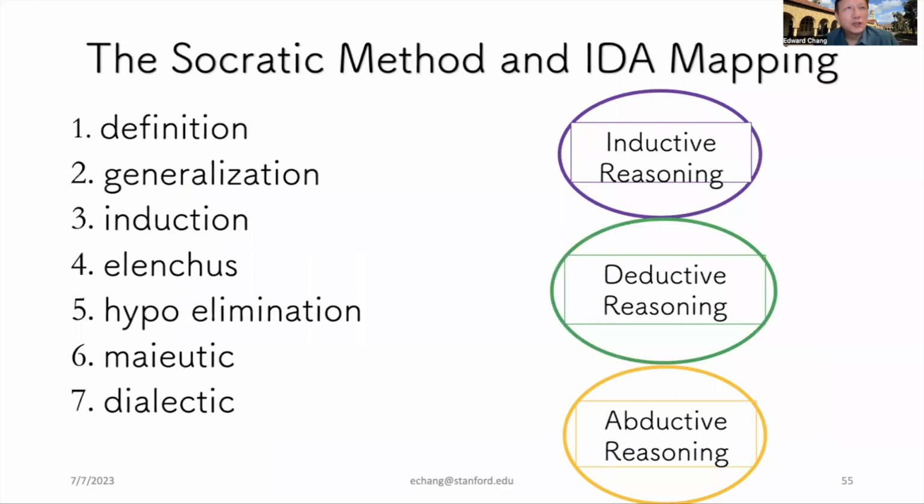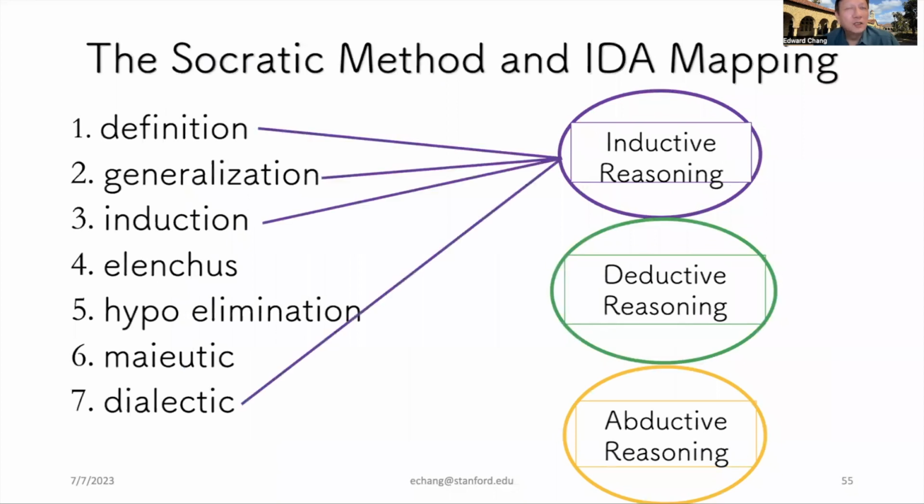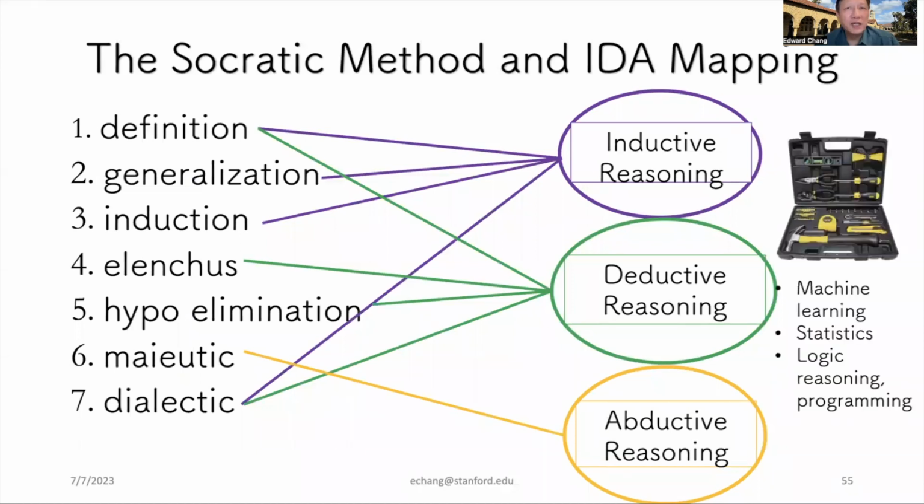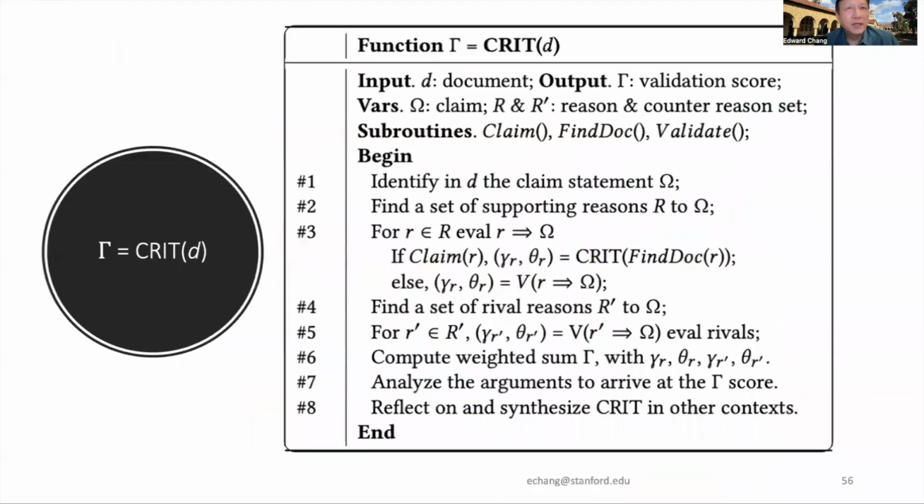This picture shows the design flow. Once you have utilized one of the Socratic templates, you can map the template to either inductive, deductive, or abductive reasoning. Behind each of the reasoning methods, there are machine learning or statistical tools to support programming. And this process is really robust. You can do this by conducting critical reading and critical thinking.